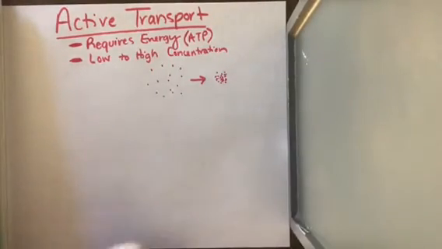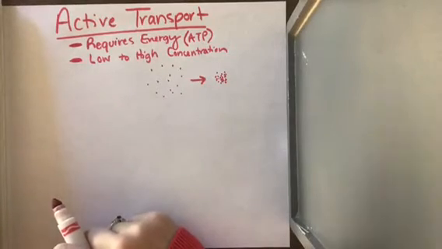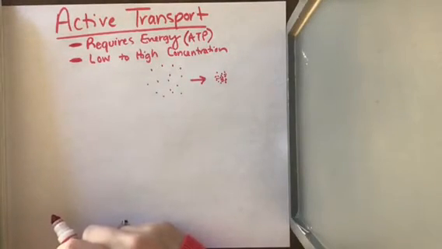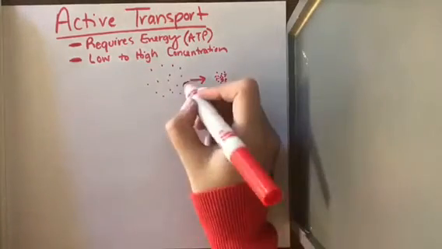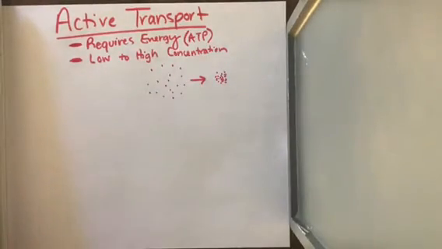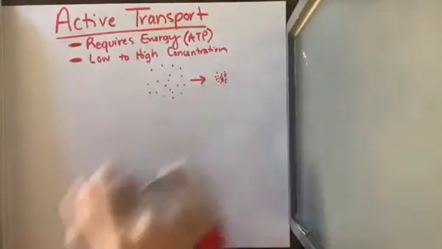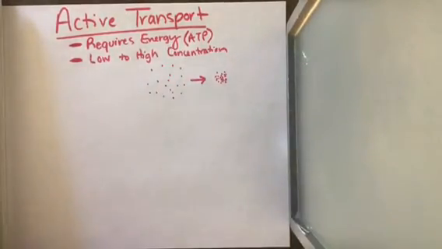That's obviously hard to do. If you spray perfume and you want to get all those perfume particles back in the bottle, that's going to take a lot of energy. So active transport requires energy, and you're moving from low to high concentration. It's basically the opposite of passive transport.